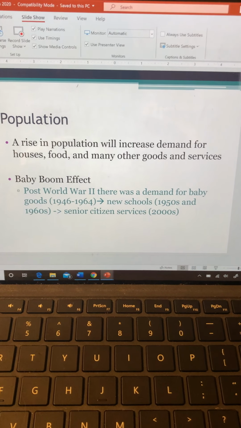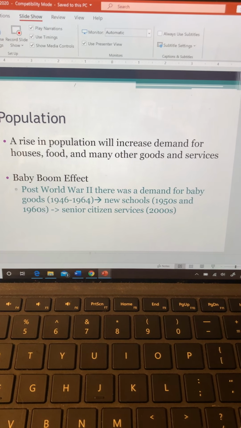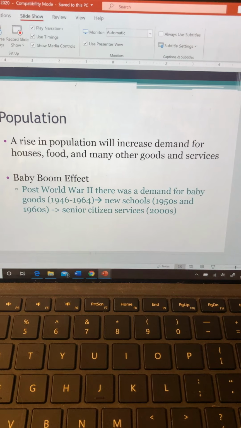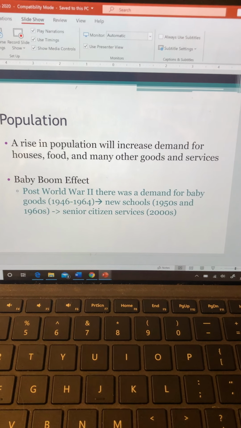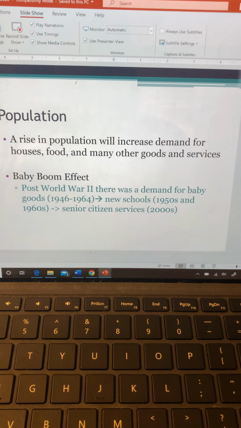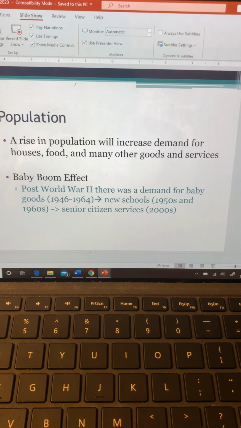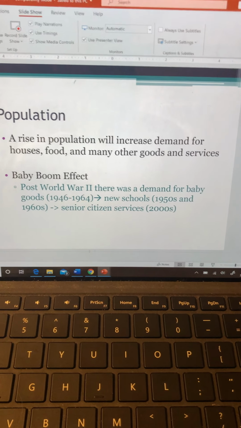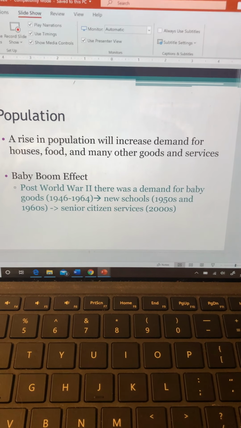So this was seen post-World War II. All of the men came home from war and they all settled down, had families, had babies, and there was a huge increase for certain goods and services because all of a sudden you had this whole large generation of new babies that then became children and teenagers and adults.